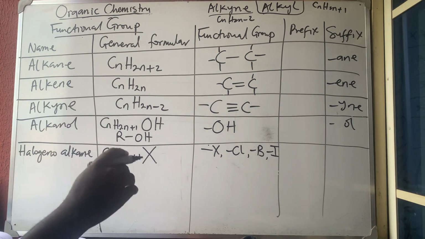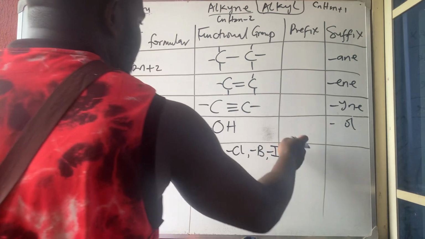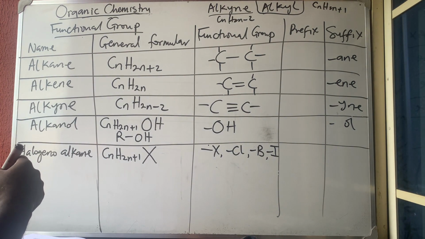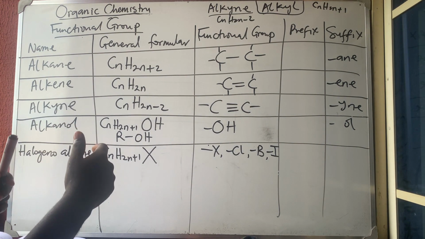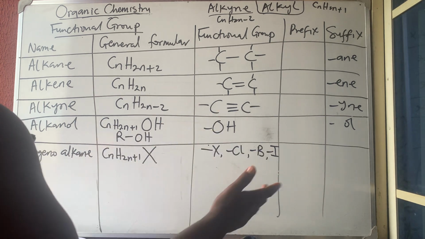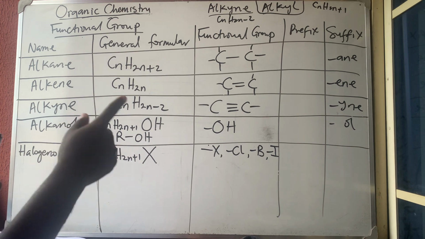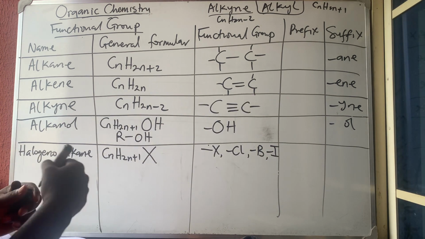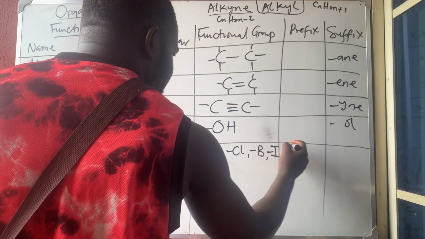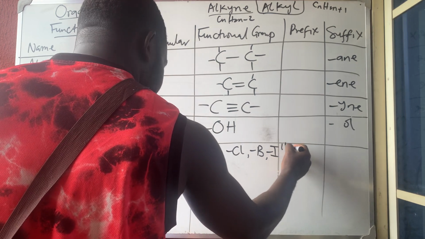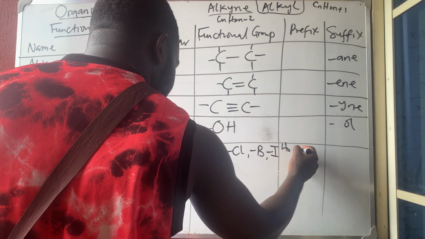They are not used as the parent name; we use them as the prefix, where you can just say 3-halo, or 2-bromo, 3,5-iodo, that kind of thing.